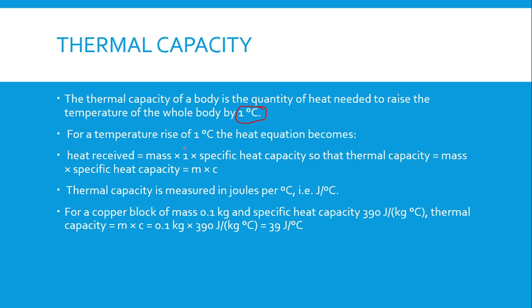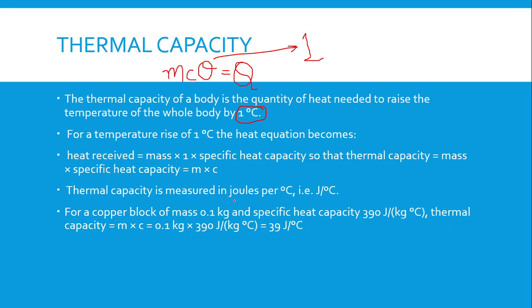So it's the heat equation, MC delta T is equal to Q. In this case, the difference is that this delta T is equal to 1 because the temperature rise is 1.